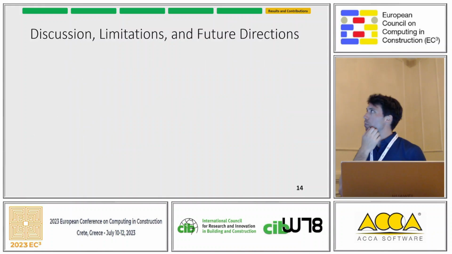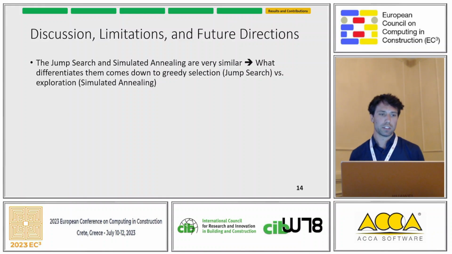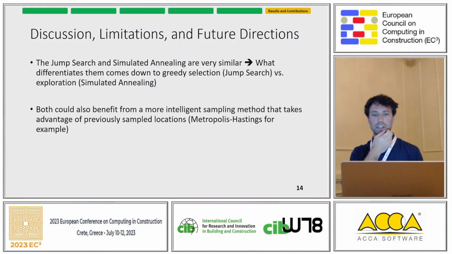So just to give some limitations and future directions. The simulated annealing and jump search are very similar. The only real difference is that one is a little bit more greedy and the other is more exploratory. Realistically, you could probably have some parameter that guides between the two. So that's a comparison for those. One thing that we didn't do, which is a very simple extension that would make it a little bit better, would be to improve the sampling, because there's no reason you can't resample the same one, since it's completely random.